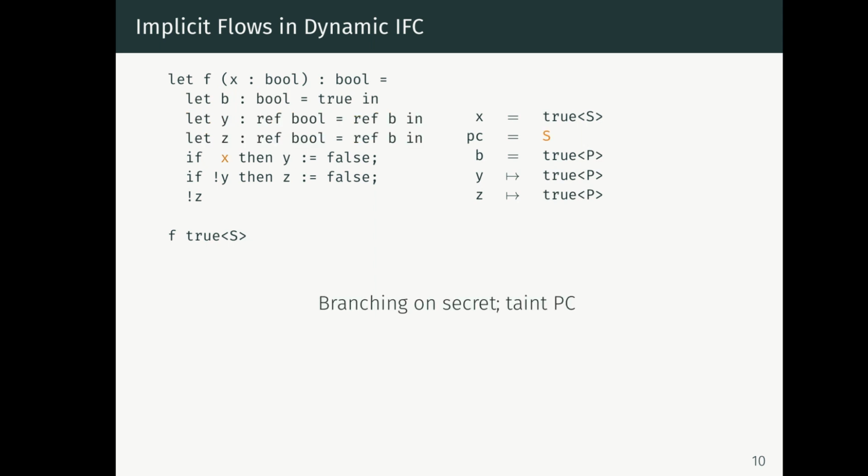We branch on x, which causes the PC label to be bumped to secret. Now when we assign to y, we trigger a so-called no sensitive upgrades check, which tries to ensure that the PC label is less restrictive than the label of the reference. The check fails here, signaling a potential leak, and the program terminates with an error.